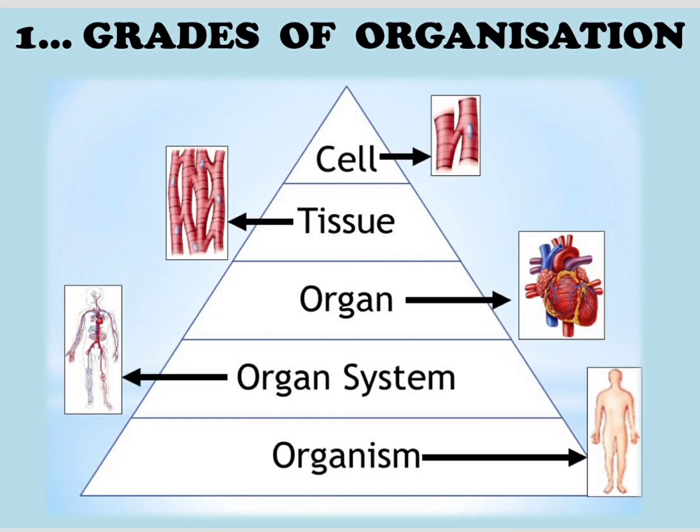And finally, all the organ systems work in coordination with each other and you have a working living organism formed. So this is called your grades of organization. Your cells, tissues, organs, organ system and the organism, they all are part of this grades of organization.